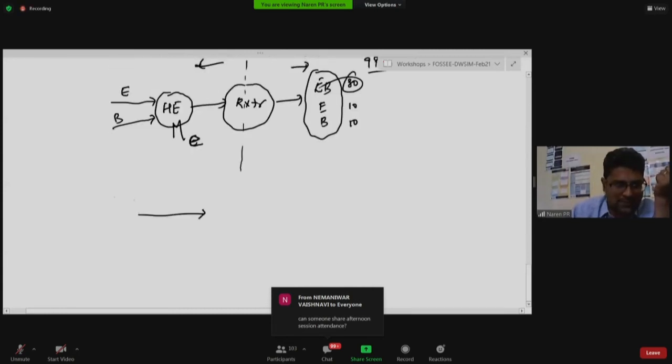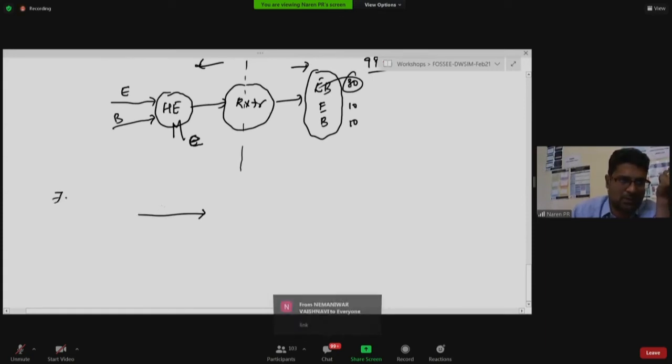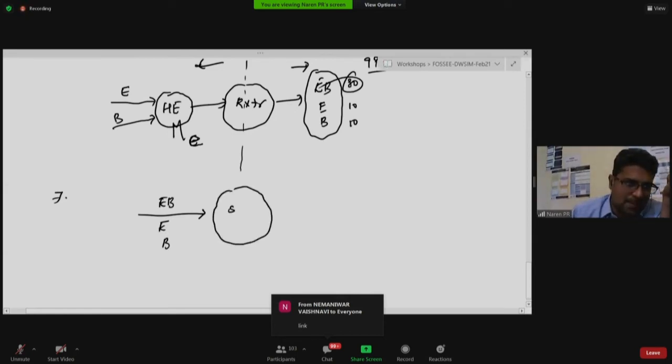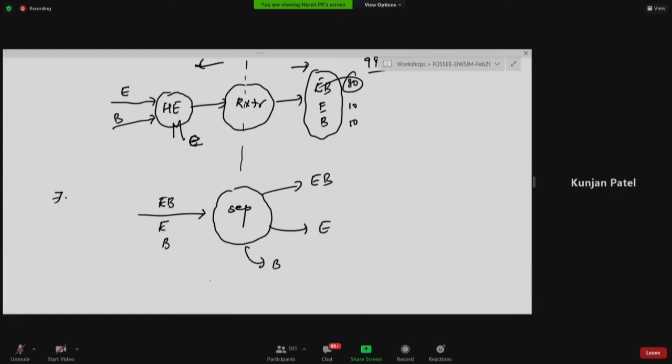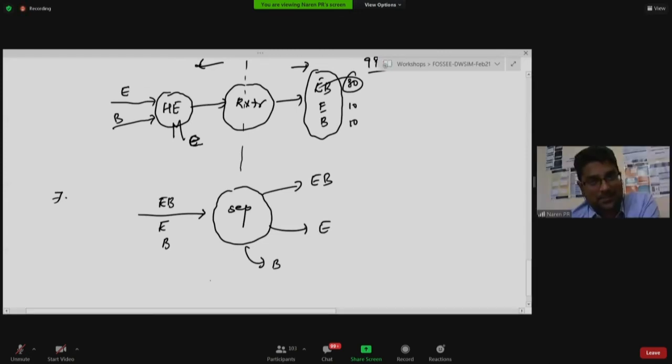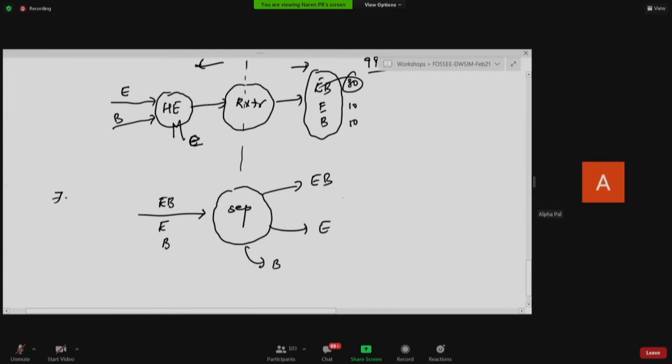So if you have a stream, this is your next point, which has ethyl benzene, ethylene, and benzene. If there is a magical separator like this, which can give ethyl benzene, ethylene, and benzene separately, you'll be more happy, right? Yes, sir. But what is the guarantee that this exists? This does not seem to be viable.